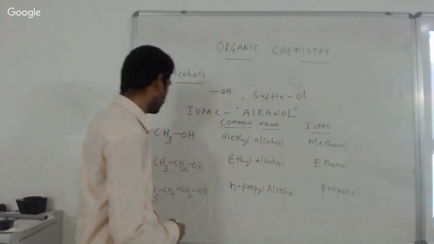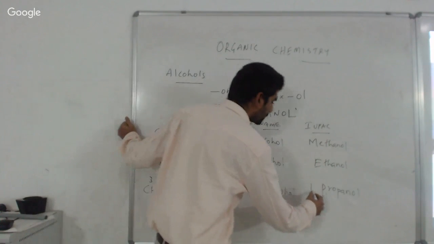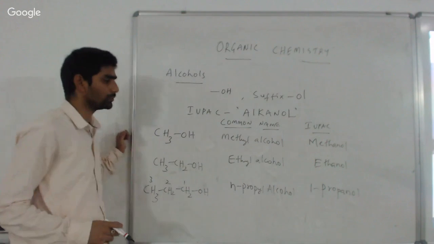When there are more than 2 carbons, you take numbering, so always give the functional group the lowest number: 1-propanol.